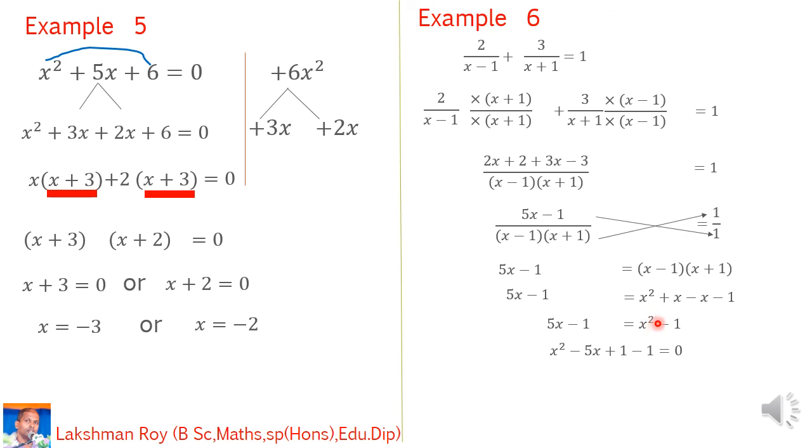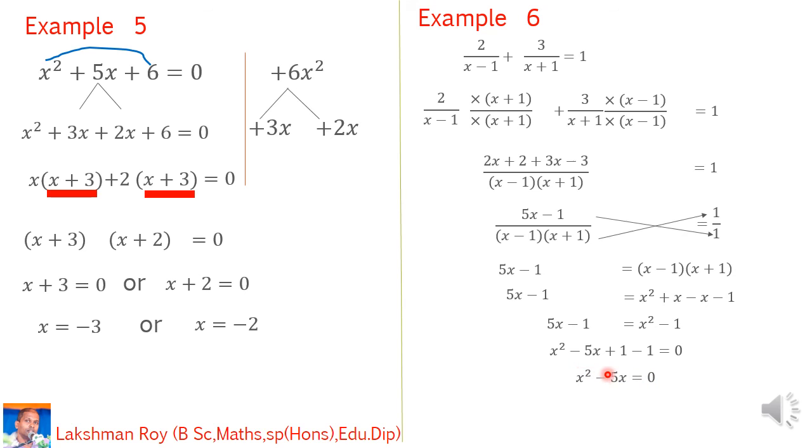I write x square, then take this 5x to this side, subtracting 5x from both sides, negative 5x. Then the negative 1 goes to this side as positive 1. That one negative 1 is equal to 0. Now you can see the numbers, positive 1 and negative 1, make 0. Only x square minus 5x equals 0 remains.